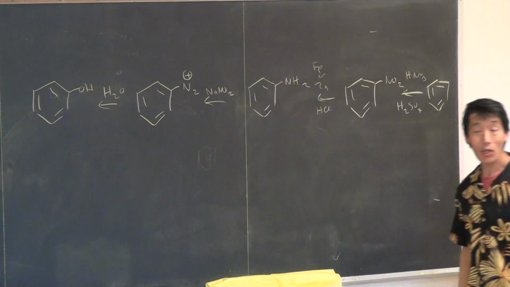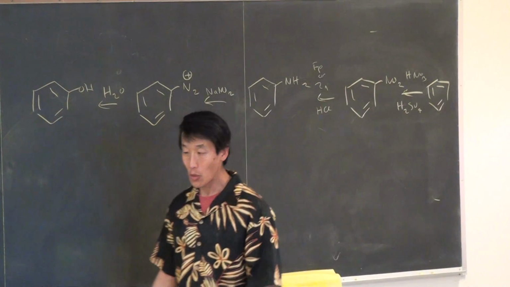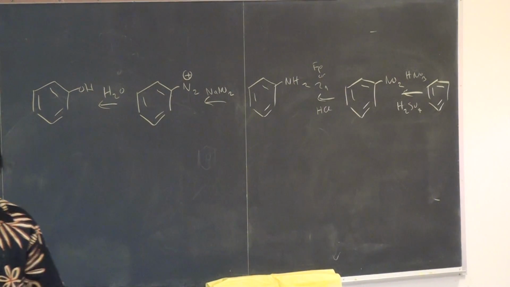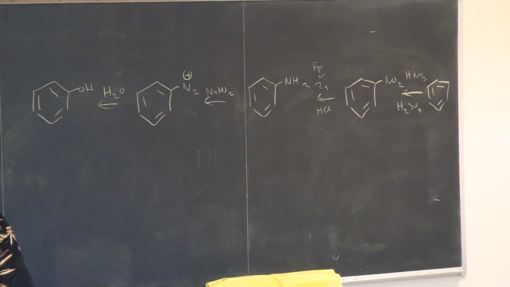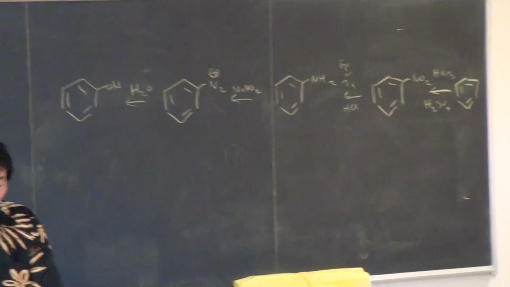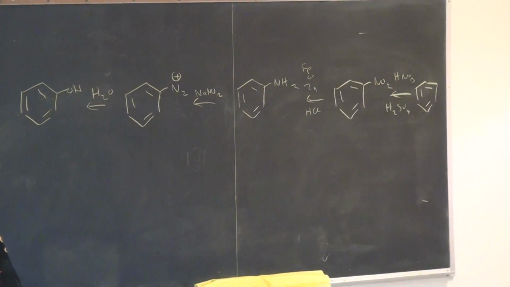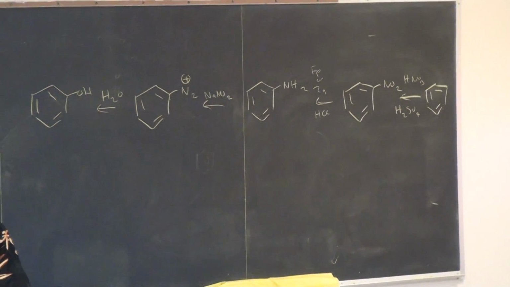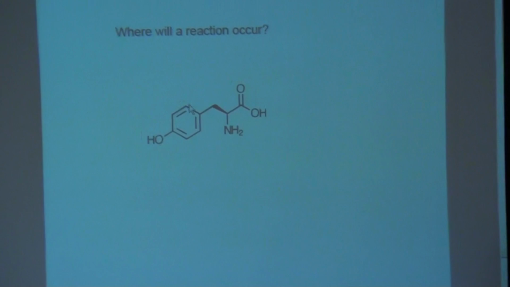So once we have our phenol, how do you add this group on there? Do you want to put this group on first and then put this group on second? Or does it matter whether you do this one first, or the other one?